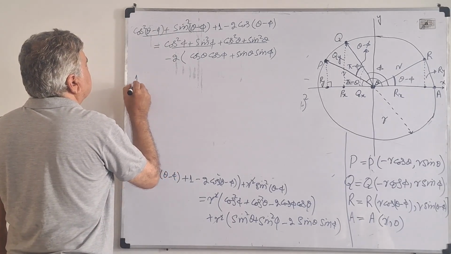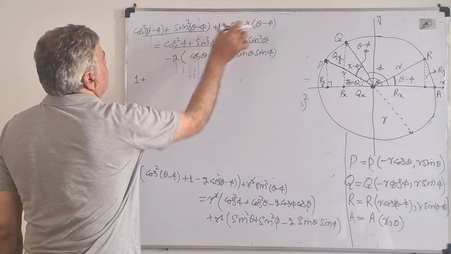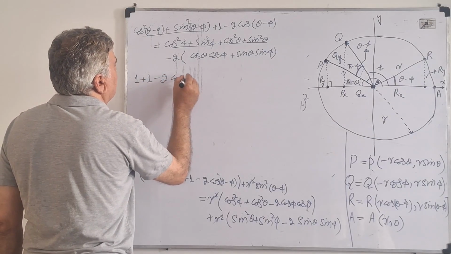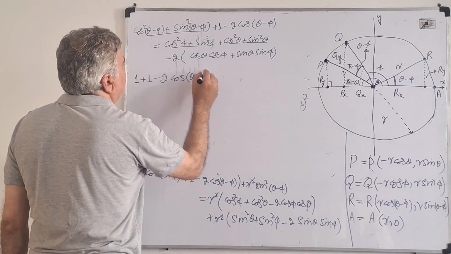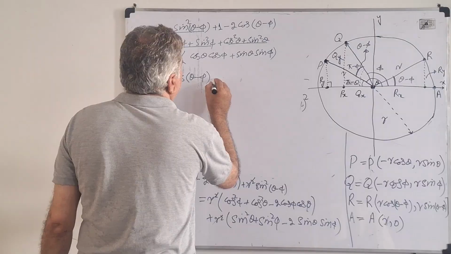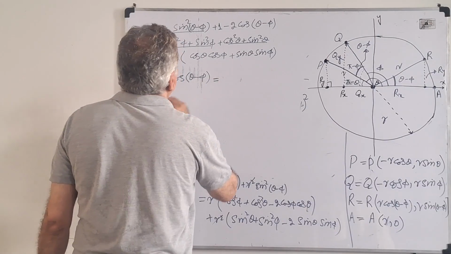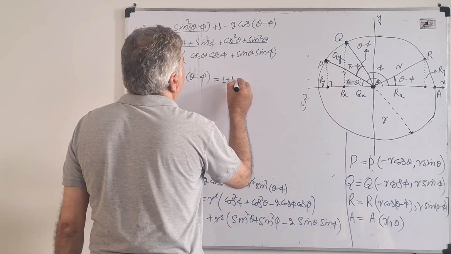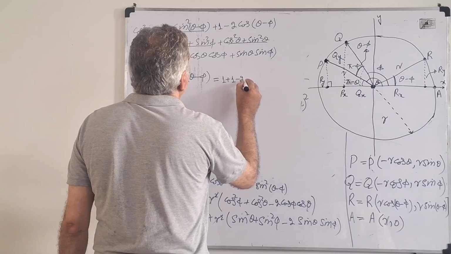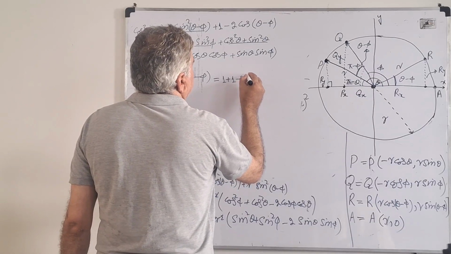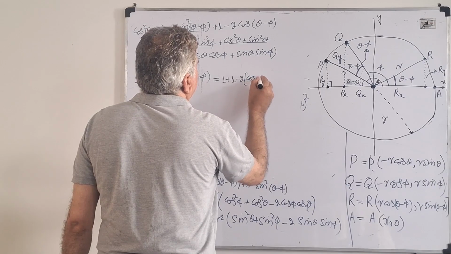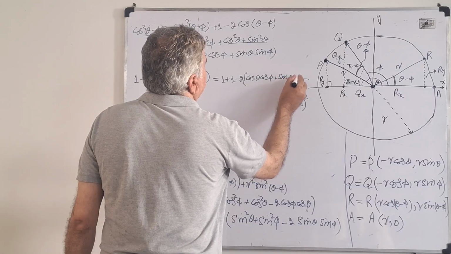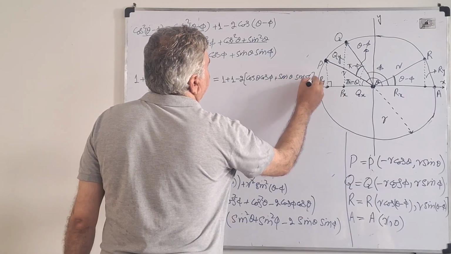So I can reduce the relation as 1 and then plus this whole thing, plus 1 minus 2 cos (theta minus phi), that's the left side, and then equal to, this is 1, this is 1, so I write 1 plus 1, and this is minus 2, and I can write cos theta cos phi plus sine theta sine phi.